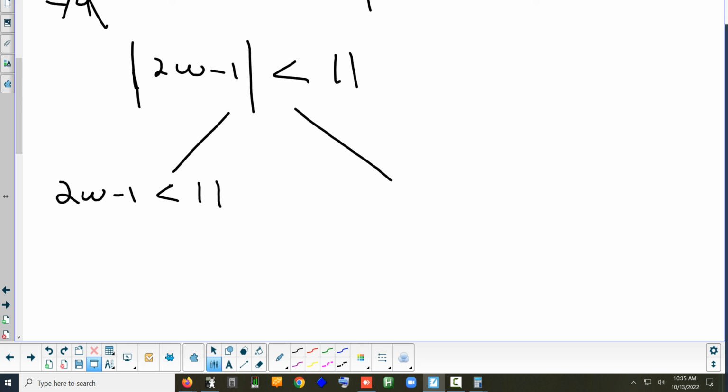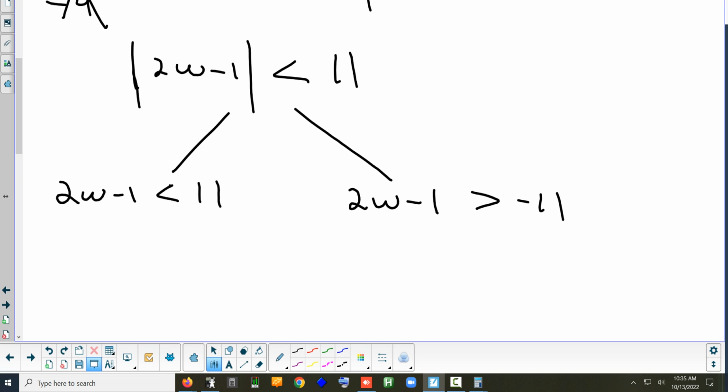And how about Joe? What was your second inequality? 2w minus 1 is greater than negative 11. Yep, good.